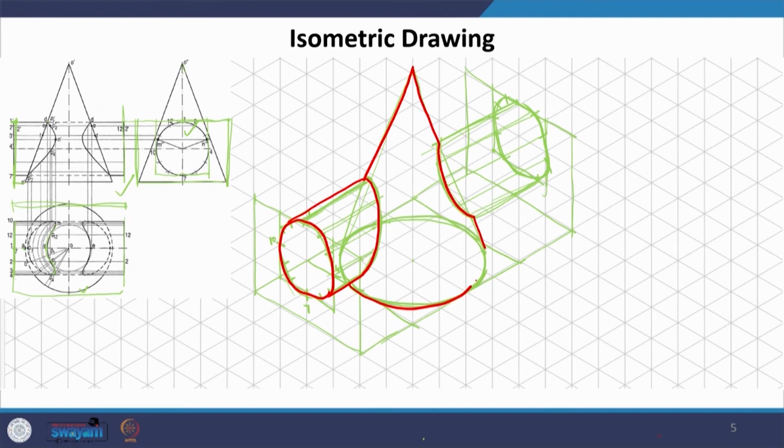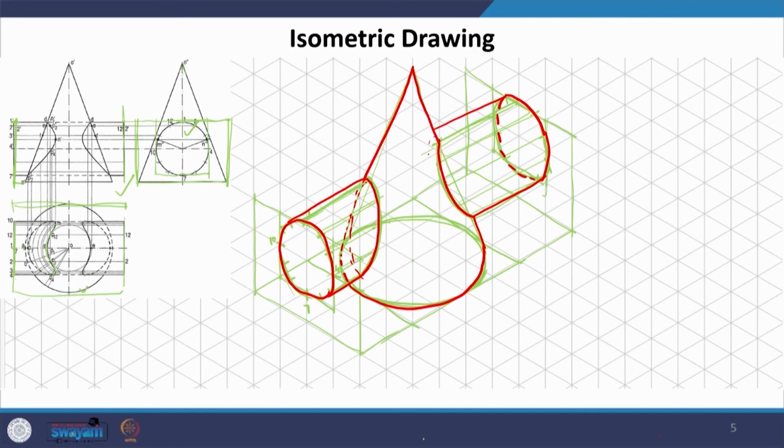If there is a fault in your orthographic projection, then it will be extremely difficult for you to draw the exact isometric of the cone. And we can also have the points at the back, where this cylinder is intersecting this cone.